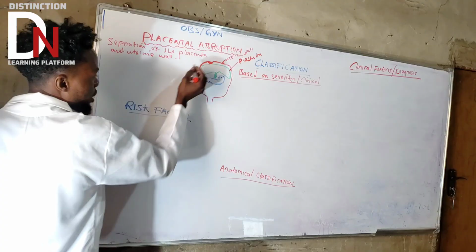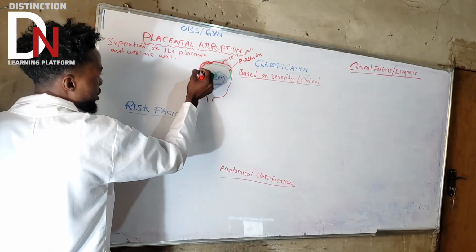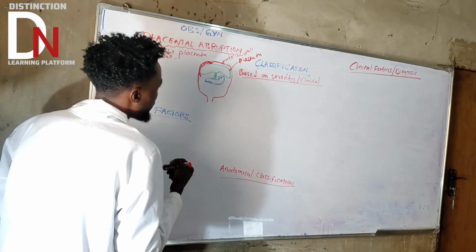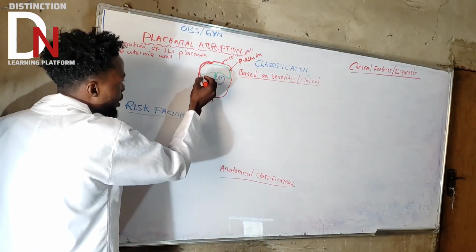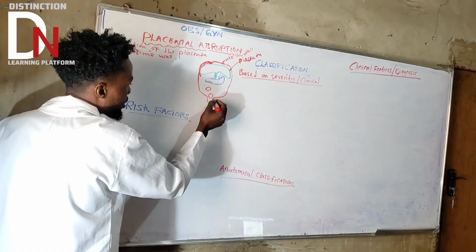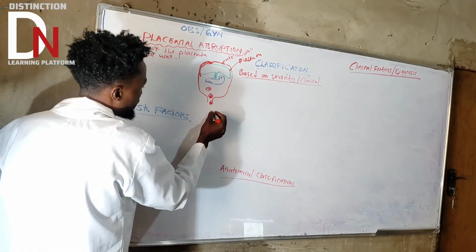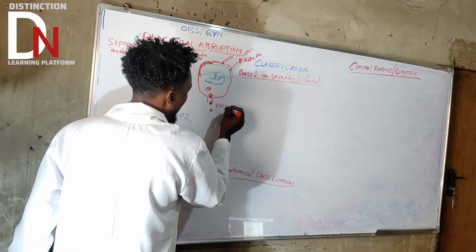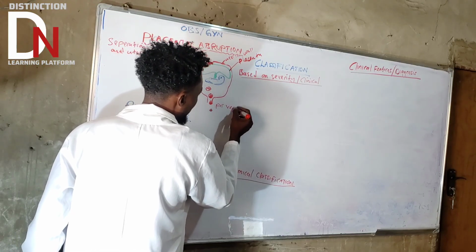This bleeding can dissect between the placenta and the uterus and come out through the vagina, causing what we call vaginal bleeding.